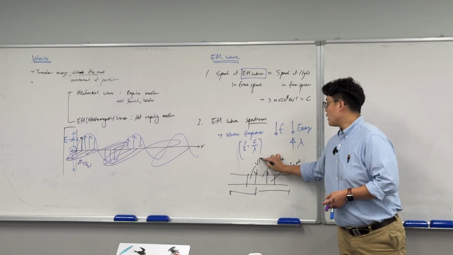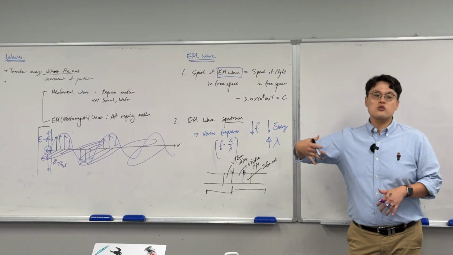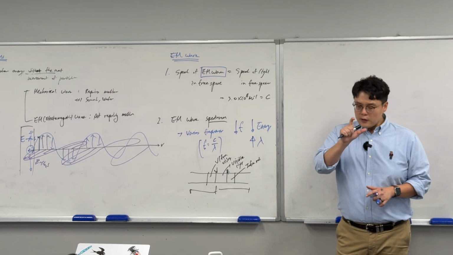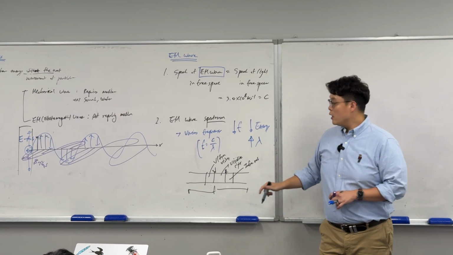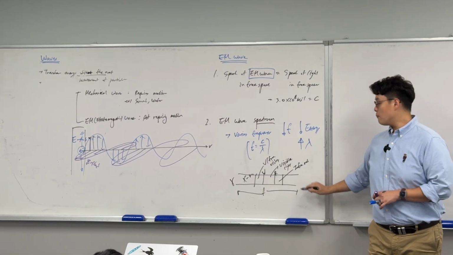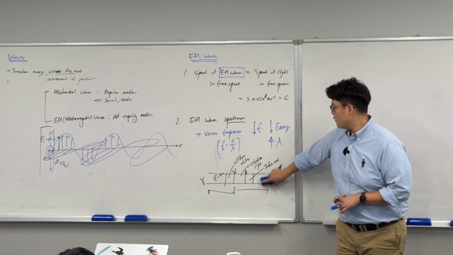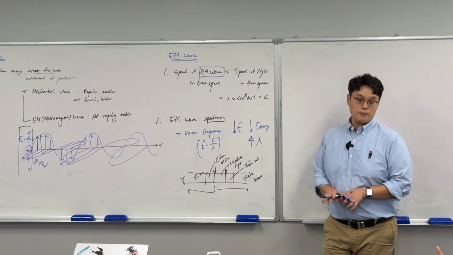UV, ultraviolet, is right next to the violet section. What we determine is that they're all moving at the same speed; the only difference is their frequency. We can have X-rays and gamma rays over here, and radio waves followed by microwaves there too.